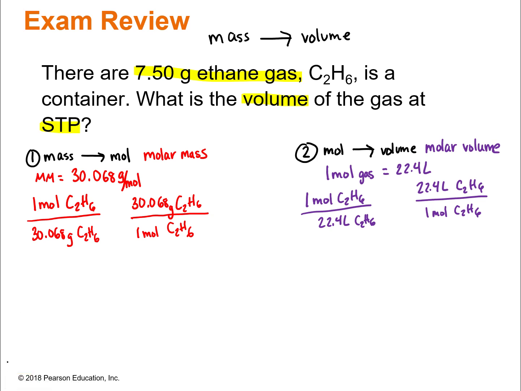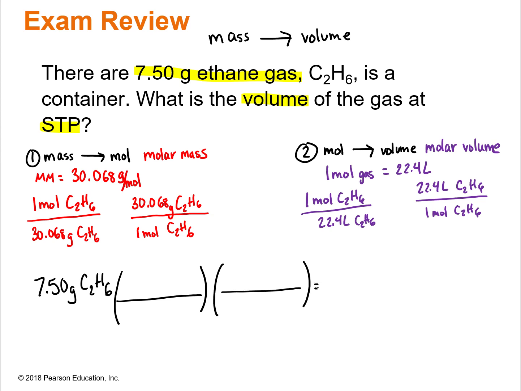Now that we have all of our unit factors worked out, we can put the whole equation together. We're trying to go from grams to moles and from moles to liters. Those are the units that we need to carry through to get to the promised land.